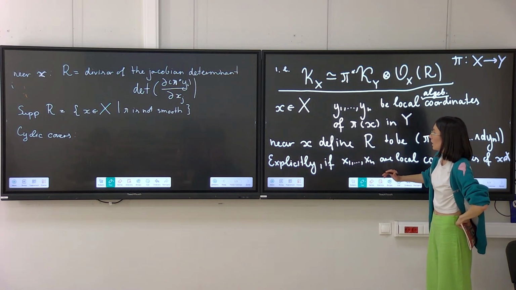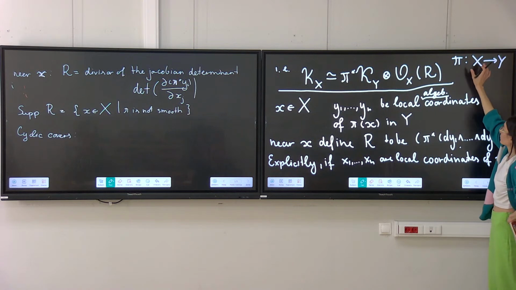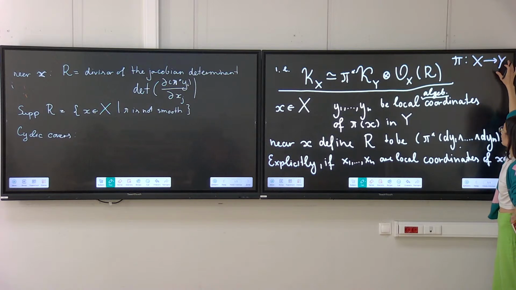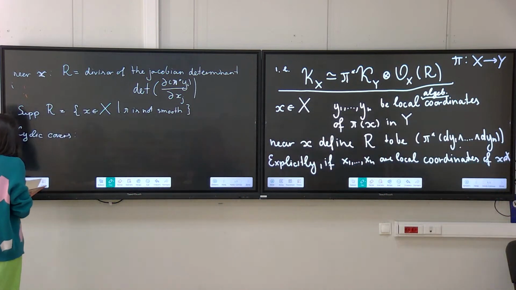Here we have branch points in Y, and here we have a ramification divisor. And when we have a cyclic cover, we can write the corresponding formula. Okay, maybe I will write it down now, and we will discuss it later.